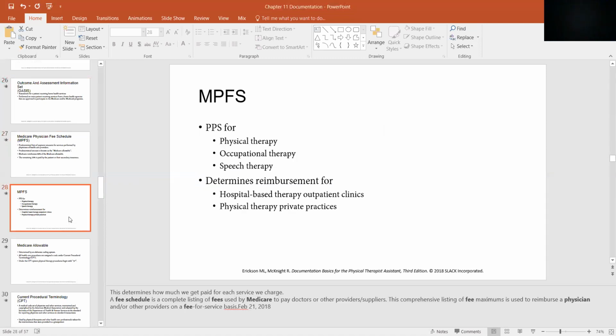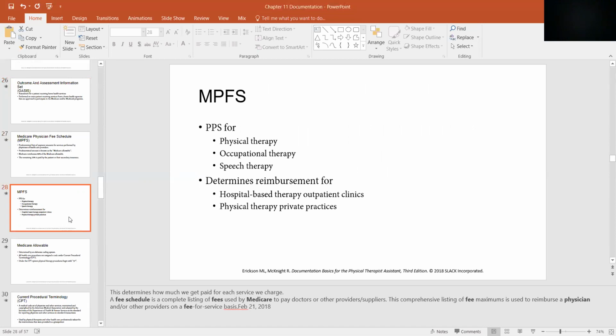The MPFS is like a prospective payment system for physical therapy, occupational therapy, and speech therapy. And it also determines reimbursement for hospital-based therapy, outpatient clinics, and physical therapy private practices. It is kind of interesting as you go out into the clinic and you delve into understanding insurance and billing a little bit more.